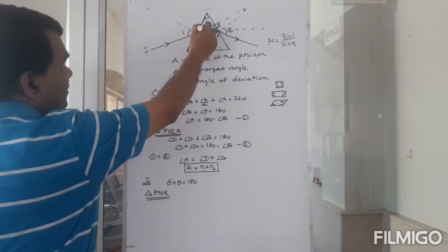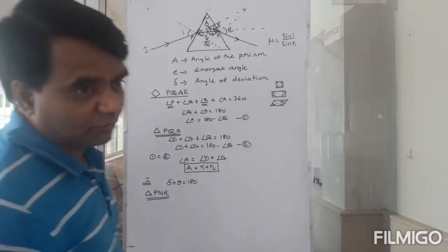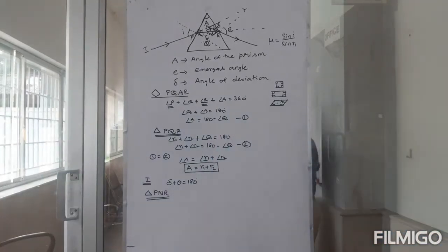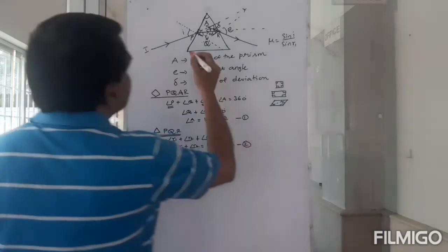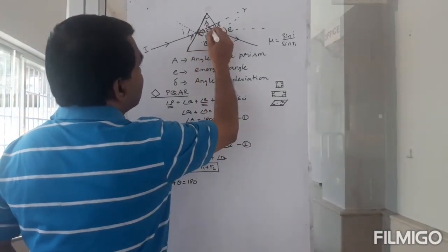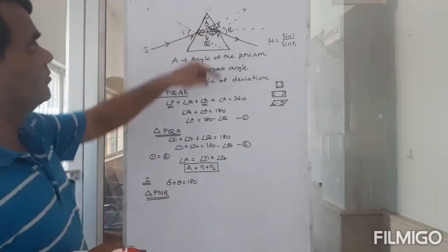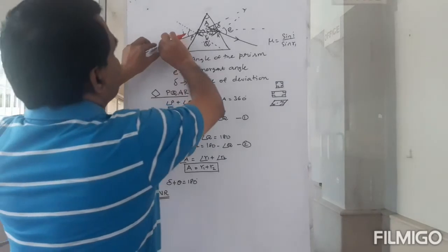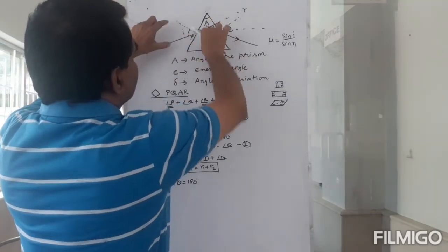But what is this angle? I'll use a different color now. I want this angle and this angle plus theta must be equal to 180. Look here. So you have a straight line going like that, and there's a normal.